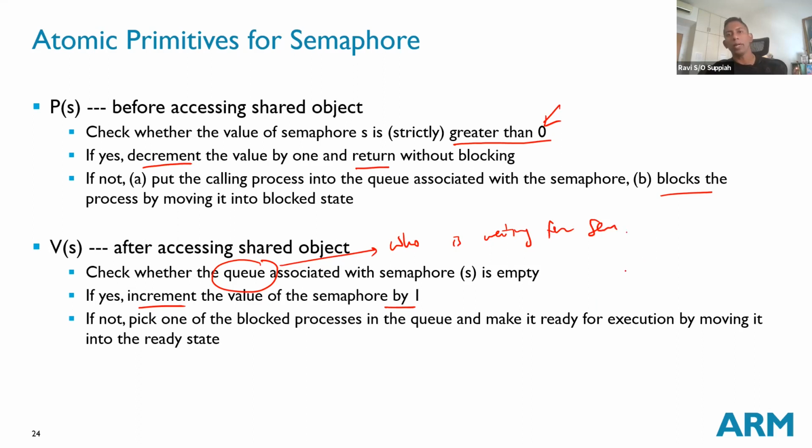If nobody is waiting when I return the resource, the semaphore will just increment by 1. But if there's somebody already in the queue waiting for the semaphore, then I will automatically unblock that task, allocate the semaphore to that task, and move it to the ready state.